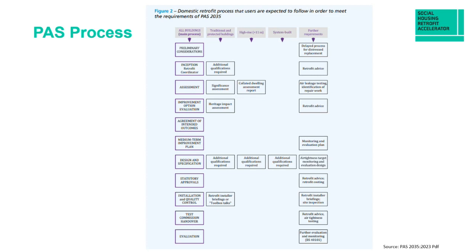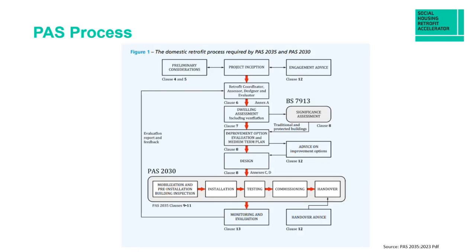And the next slide shows in a bit more detail how those two different standards interact. Again, this has been taken from the latest PAS 2035-2023 update. You can see quite clearly that you've got your project inception with your preliminary considerations and retrofit coordinator engagement.